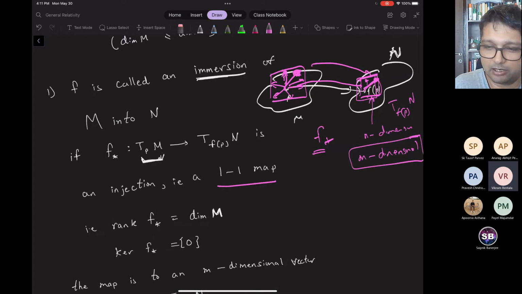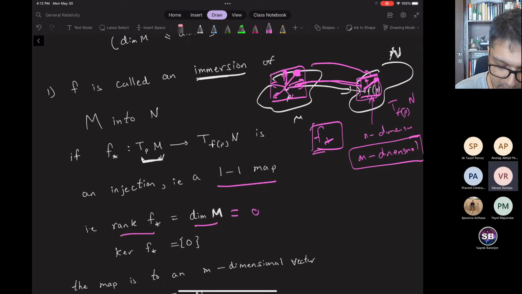So this will happen if you ensure that this mapping f star between the vector spaces is one-to-one. That is, the rank of this mapping is of dimension capital M, which is small.